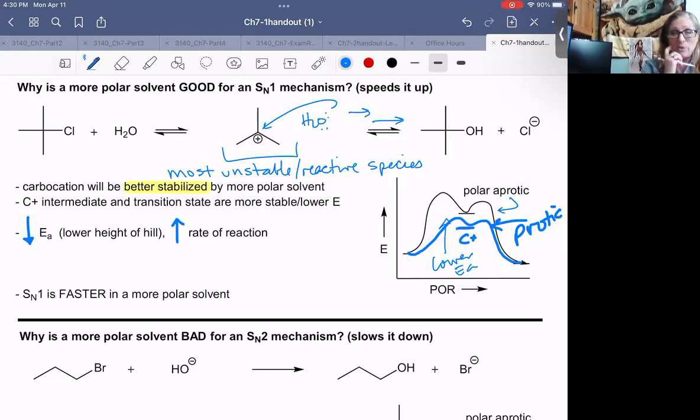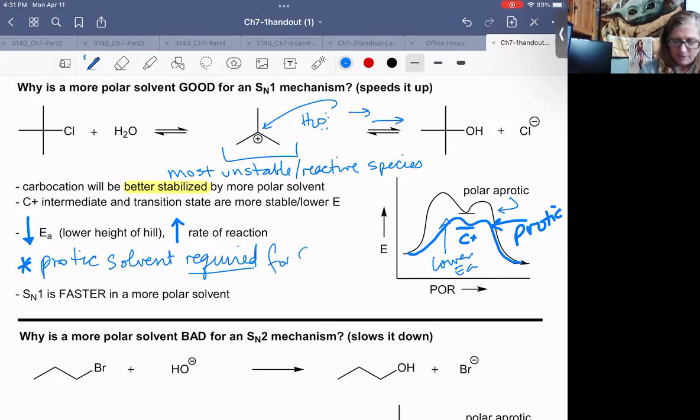So carbocations are so unstable that they really need to be hugged by that solvent. And it turns out that a protic solvent is required for carbocation formation.